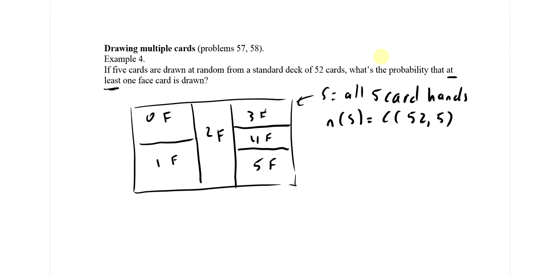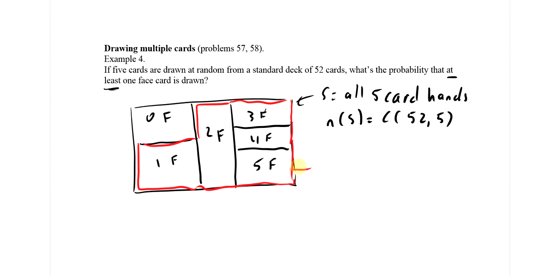Now, what this question is asking is, what's the probability that you get at least 1? And so how many is at least 1? Well, that could be 1 face card, or 2 face cards, or 3, or 4, or 5 face cards.